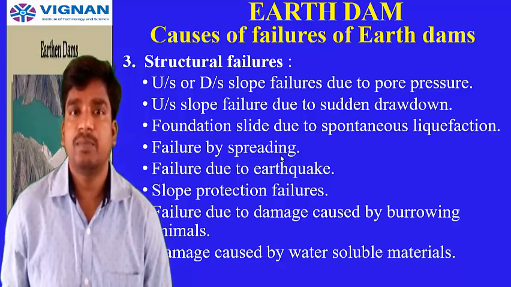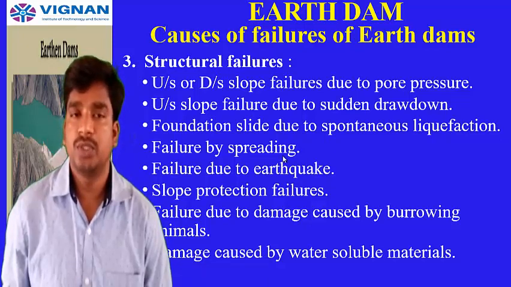And the second point is that upstream slopes may fail due to sudden drawdown in water. If the water is drawn down suddenly, then upstream slopes may fail. So these are the two points which I have discussed.